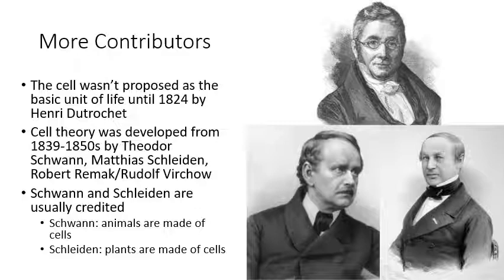Schwann stated that animals are entirely made of cells, and Schleiden stated that plants are entirely made of cells, so that every structure within the body of a plant or an animal is composed of cells. I'm not sure, to be honest with you, why their contributions were considered more significant than others, but that is how it went down.